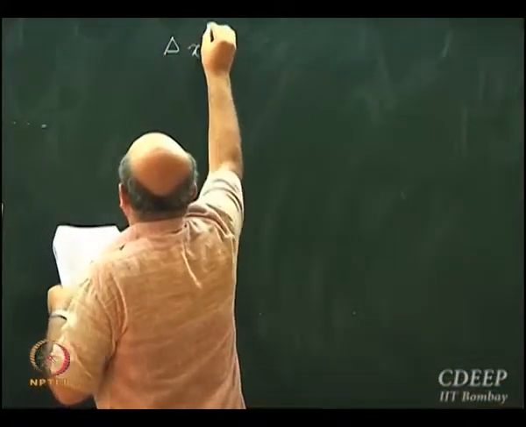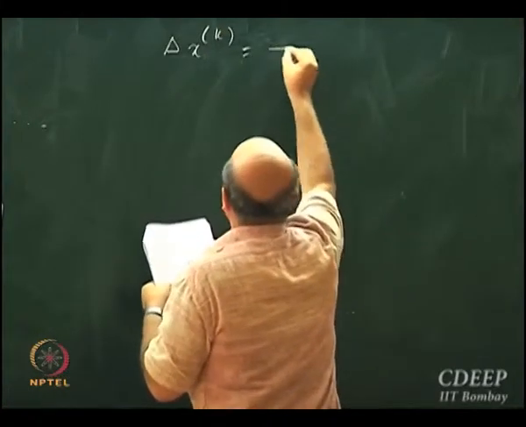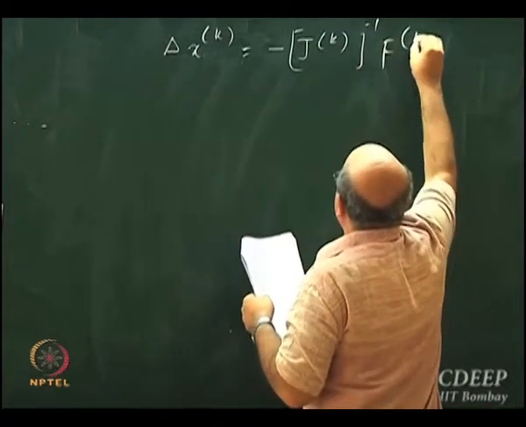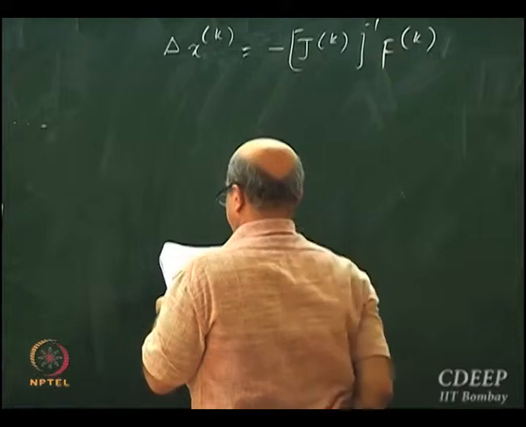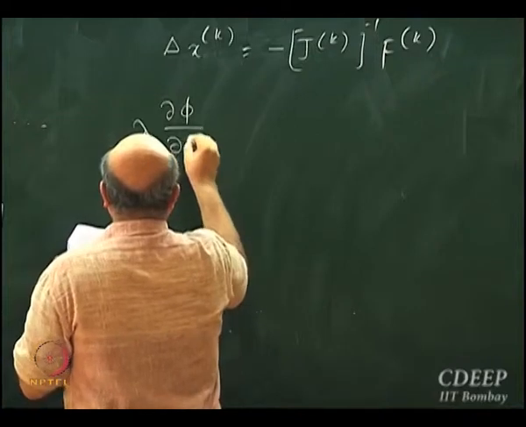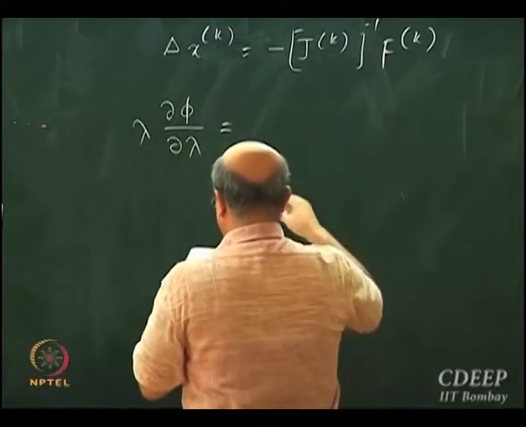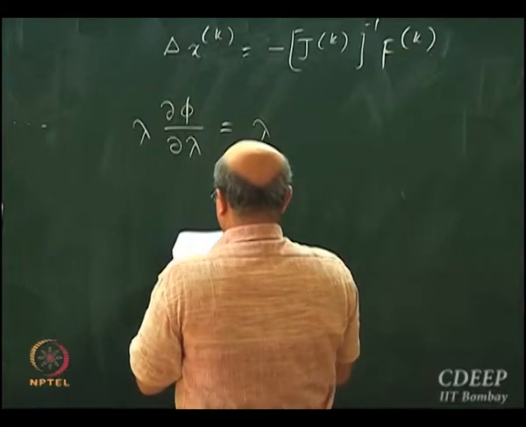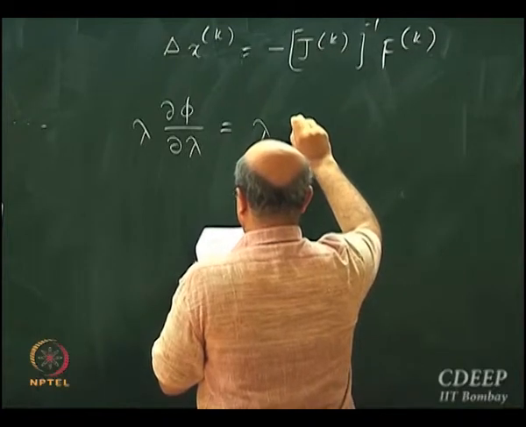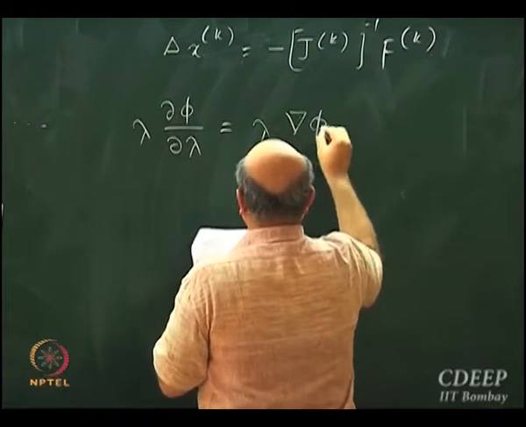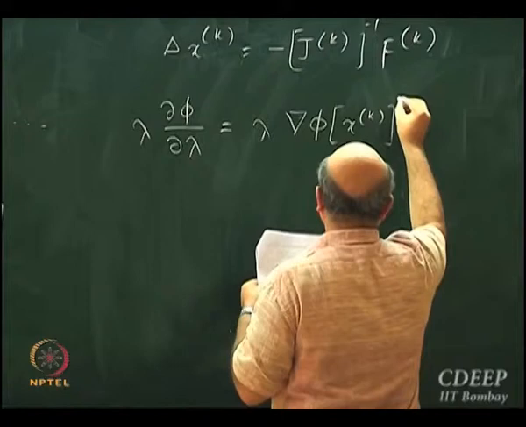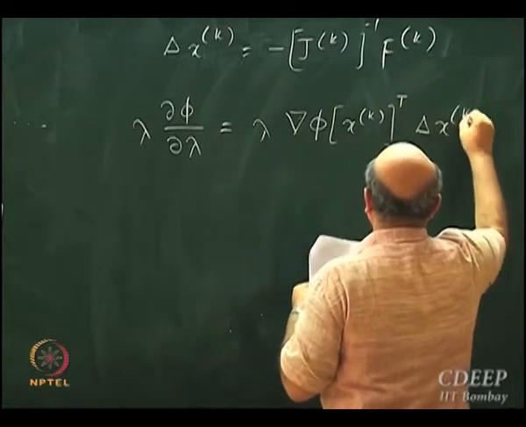Now we know that delta x k is equal to minus J k inverse f k, and lambda times dou phi by dou lambda is the same as lambda times grad phi at x k transpose delta x k.